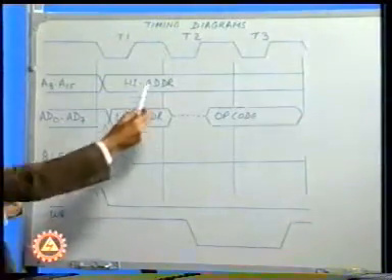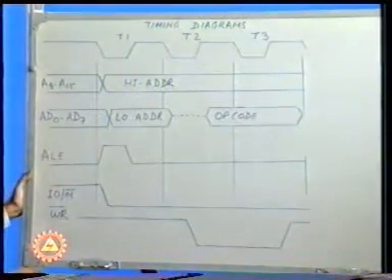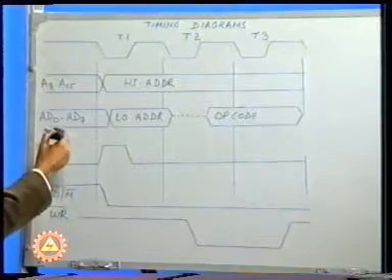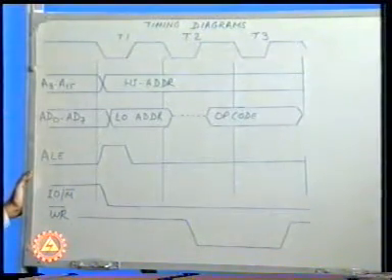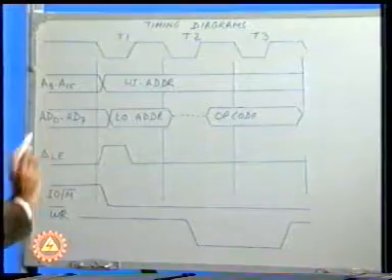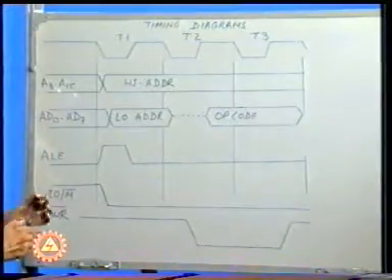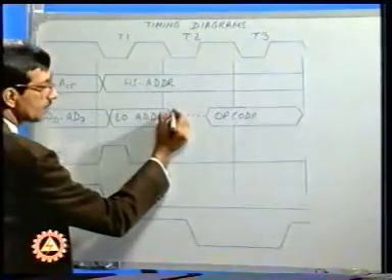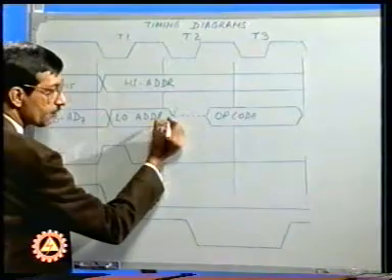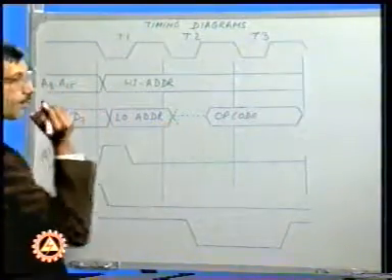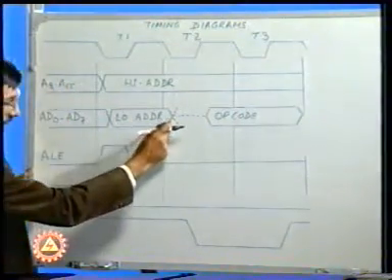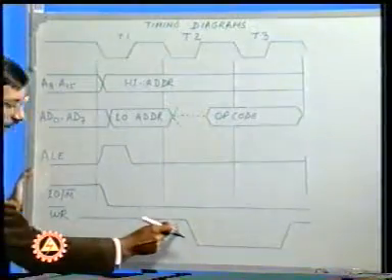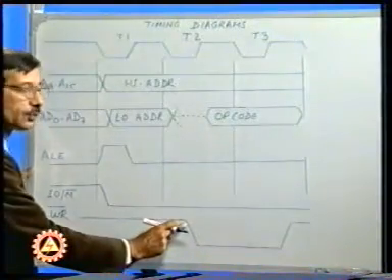But in the T2 state, in this case, the microprocessor has to place the data on the data bus, which is AD0 to AD7 now. And it places the data immediately here, which I am showing in the dotted fashion. And after it has placed the data, the WR bar signal goes low.